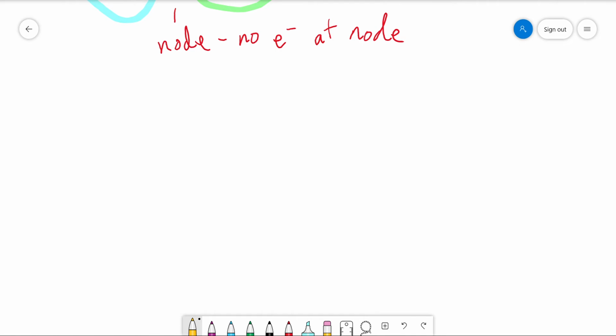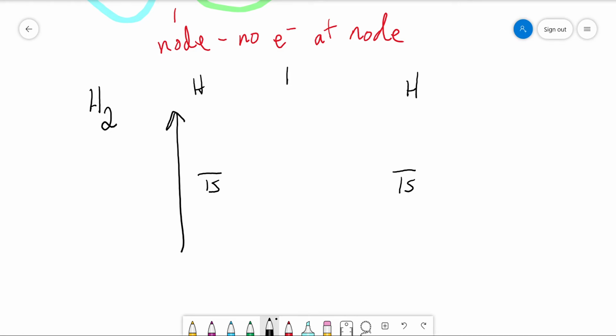Okay. So let me just go through a diagram for hydrogen, H2. So the way this works, and you want to do it just the way I do it, because it is complicated enough as it is without making it up as you go. I'm going to just do valence electrons for the two atoms we're interested in. Okay, so this is hydrogen, this is the other hydrogen. In the middle, we'll have the molecule for hydrogen.